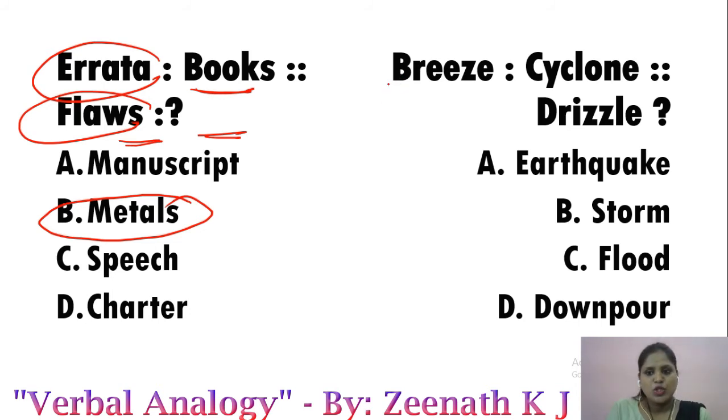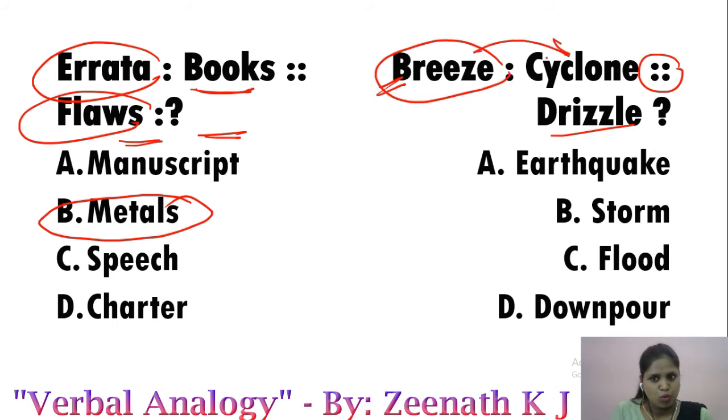All right, let's go to the next question. Breeze is to cyclone as drizzle is to what? See, breeze is the mild version of cyclone, which is the extreme version. Both of them are connected to wind. Likewise, drizzle is actually connected to what? It's connected to rain, right?